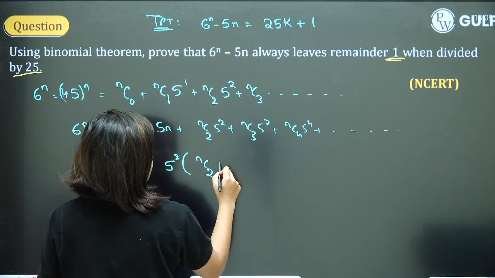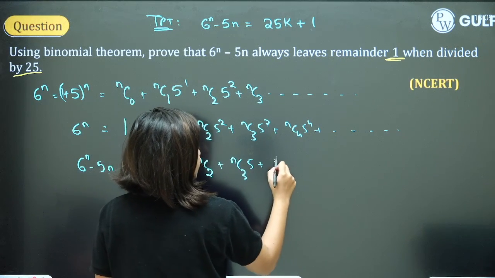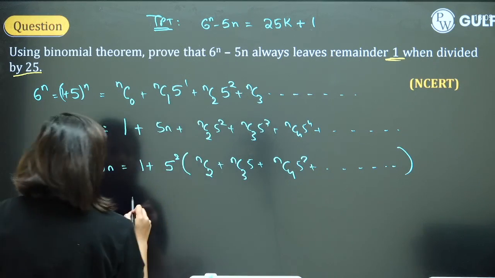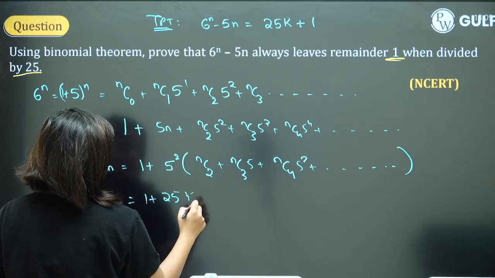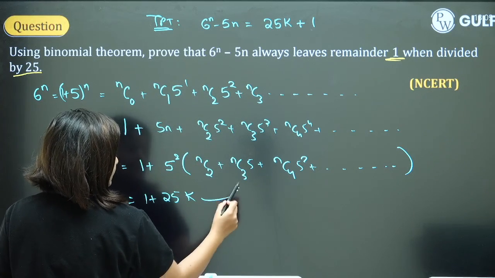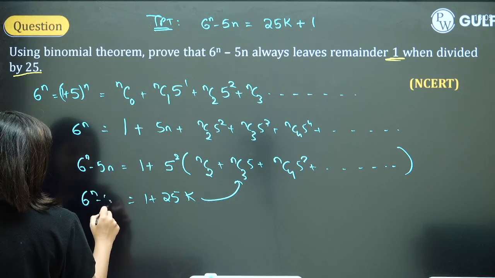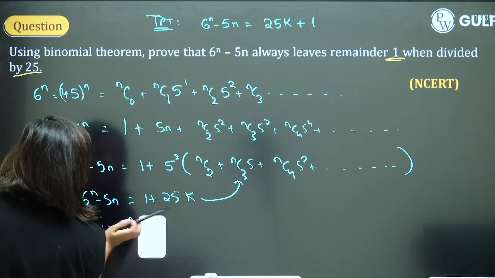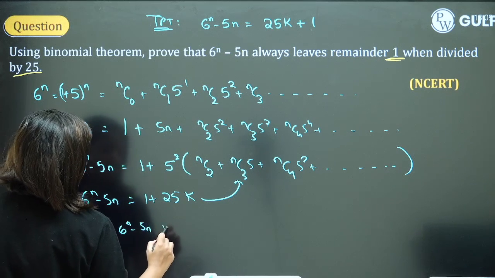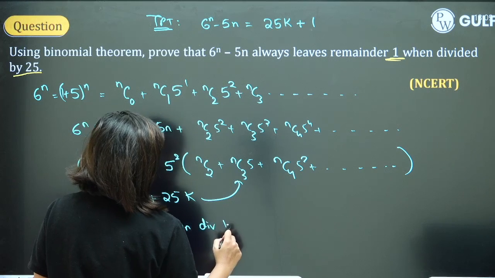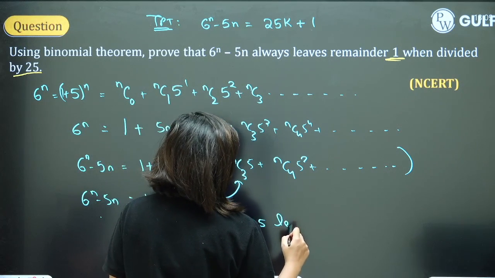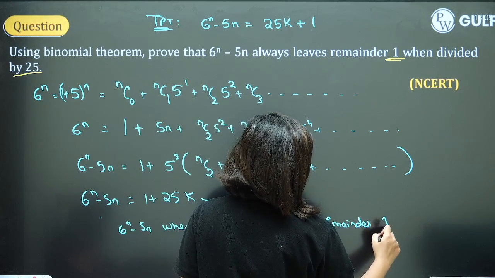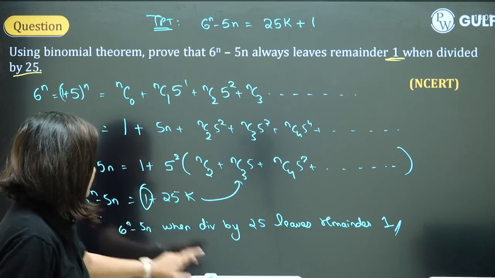You will have NC2 plus NC3 5 plus NC4 5 square and so on. Let me call this entire bracket k. Proved. Therefore, 6 raised to n minus 5n when divided by 25 always leaves remainder 1.